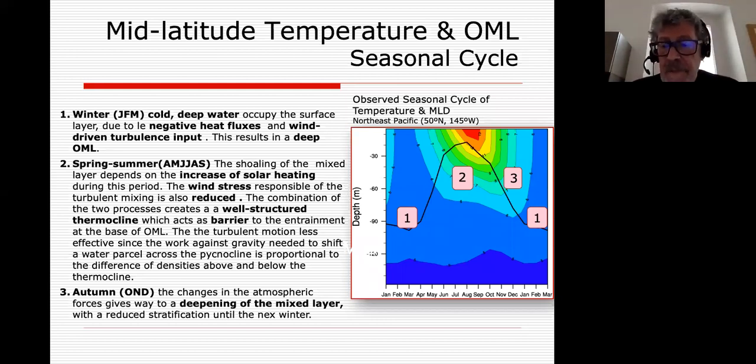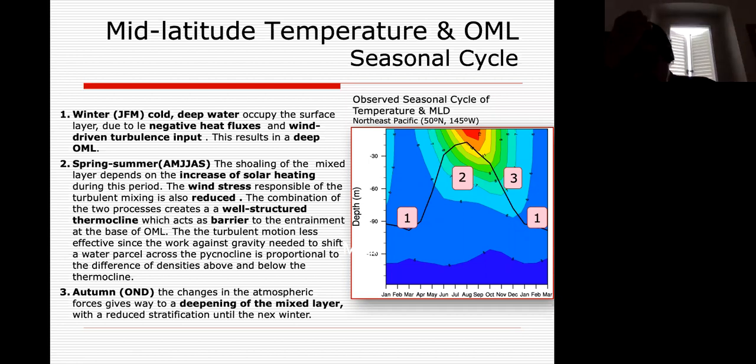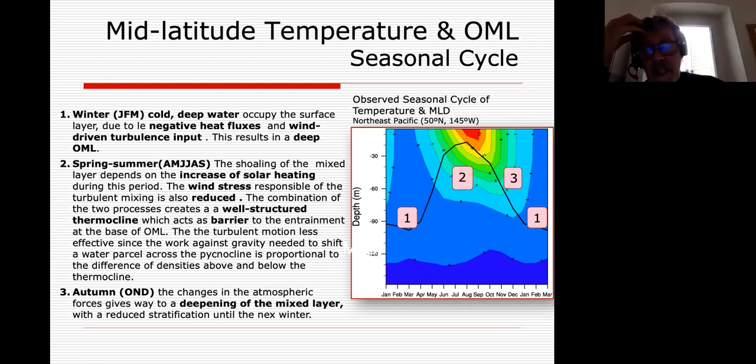The numbers are different, but the shape is quite similar. You can have some shift in the maximum of the temperature. Conceptually, the mechanism is the same. The forcing factors are the same. The intensity or the relative intensity could be different, but the conceptual model is absolutely similar.